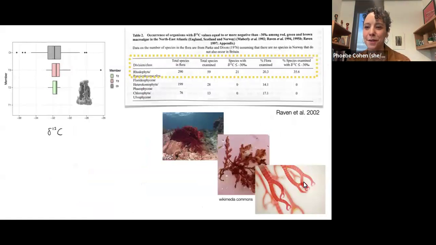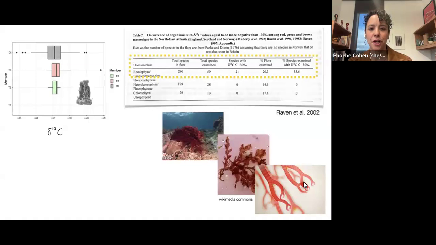But then we started doing some more digging and found something very, very cool, which is that there are a bunch of modern phycologists who have observed that modern red algae have very light organic carbon isotopes, and no one really understands why. So this is a figure from a Raven paper that compiled a bunch of data on red, green, and brown algae from England, Scotland, and Norway.